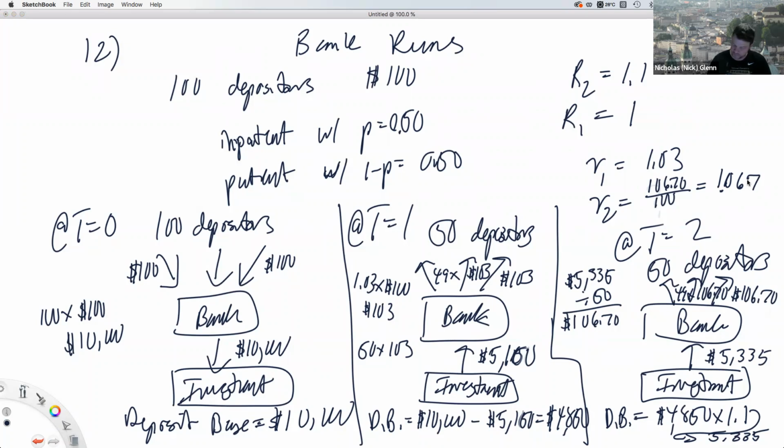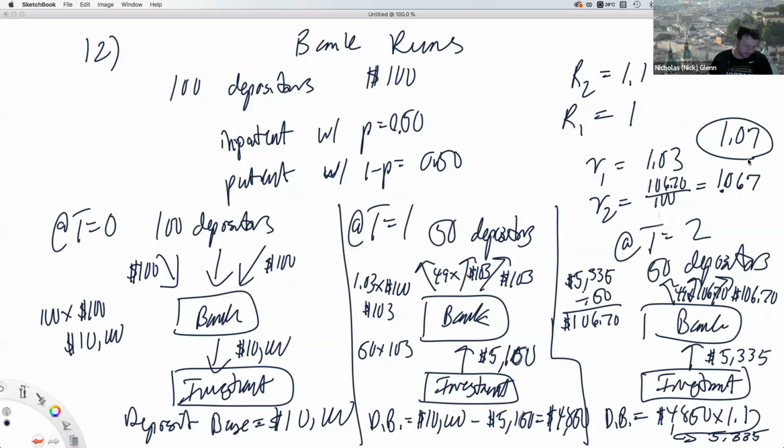Okay, that's the return. You can round it up to 1.07, whatever you want to do. So this is R2, 1.07 or 1.067.